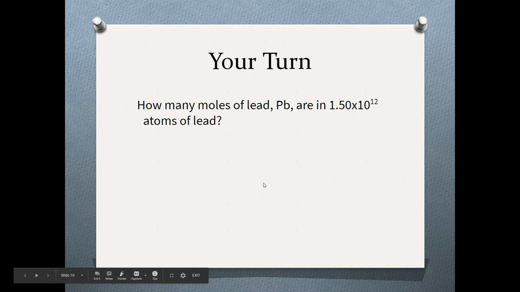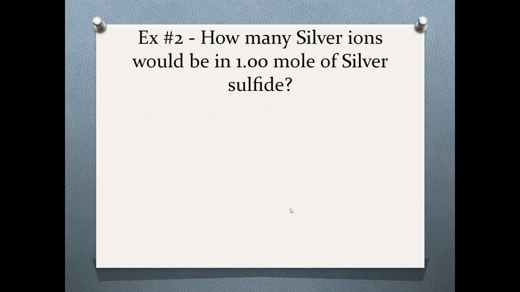So what you should have gotten is, if I do 1.50 times 10 to the 12th power and divide it by Avogadro's number, I should get 2.49 times 10 to the negative 12th power moles.